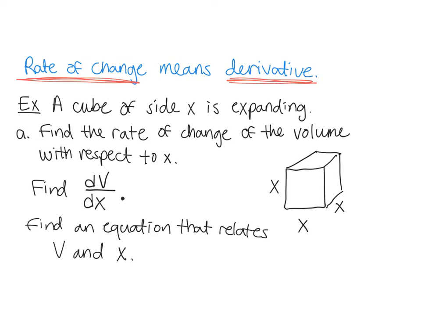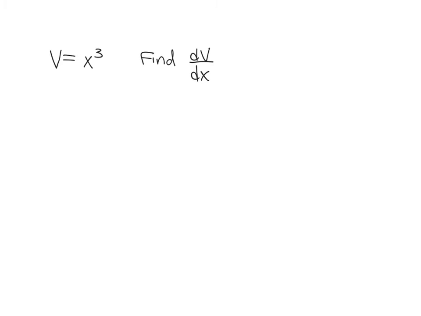So we know the volume for our cube is length times width times height, which here we have is x times x times x, so it equals x cubed. Okay, now let's keep that in mind. I gotta go to the next slide here. Okay, so volume equals x cubed.